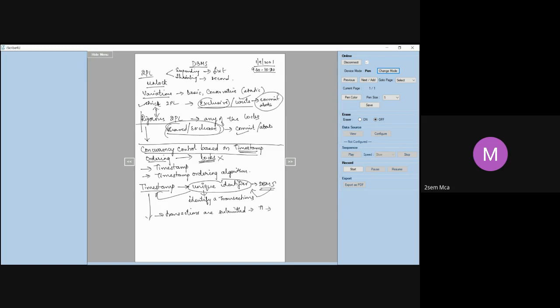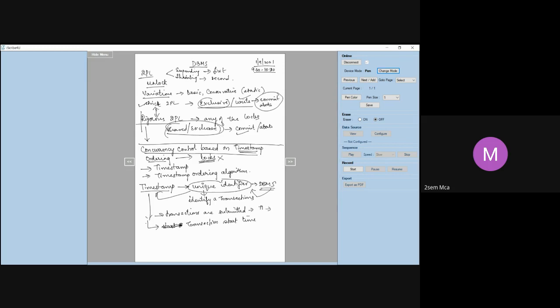So a timestamp can be thought of as a transaction start time. The time that it starts is when the ID is assigned to that particular transaction. Let us say the first transaction starts at 10 o'clock.